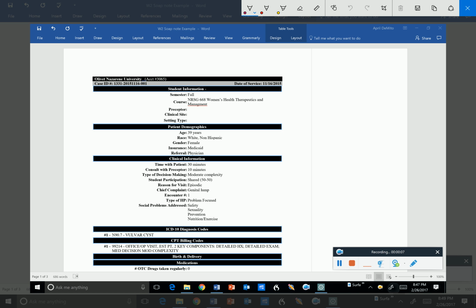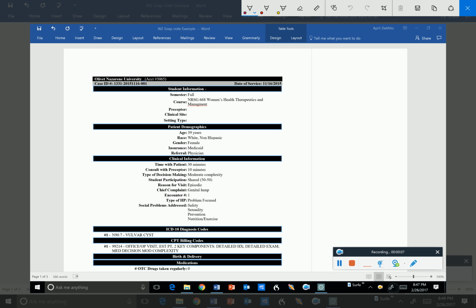Now, when you are coding your charts at, say, 99212, 99213, you may see sometimes I'll make a notation on there that says, that seems like an awfully high code. And the reason I say that is because your documentation needs to justify that code.